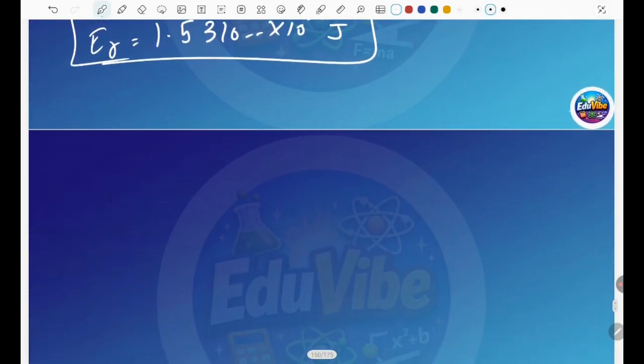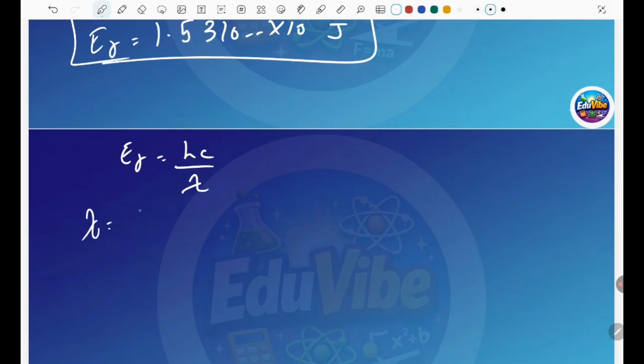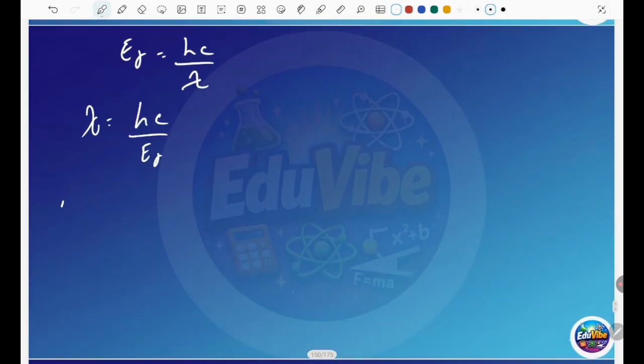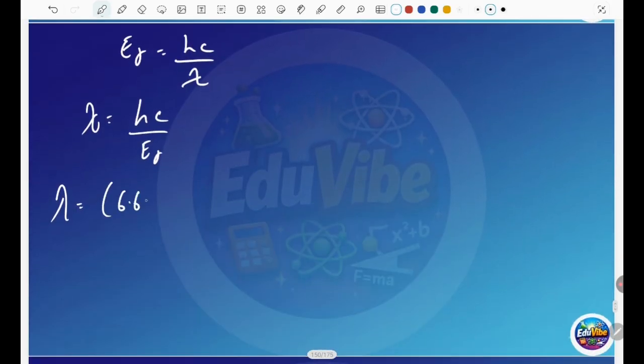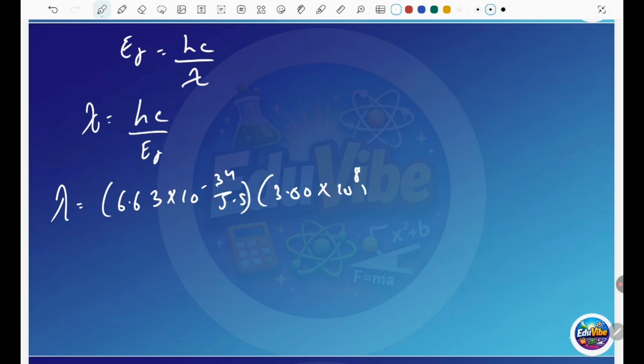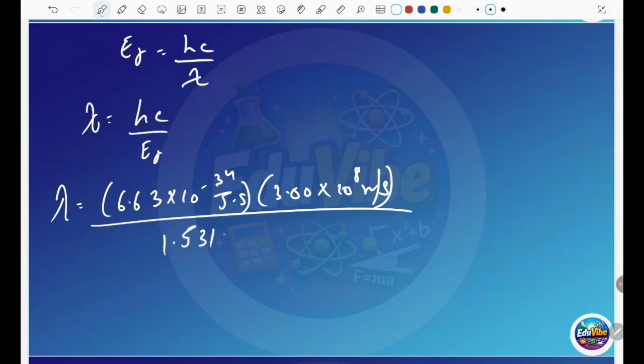But you want a wavelength, so you know this energy is equal to hc upon wavelength, and wavelength is equal to hc upon the energy. So 6.63 times 10 raised to minus 34 joule seconds times 3.0 times 10 raised to 8 meters per second, divided by the energy, which is 1.53 times 10 raised to minus 10 joules.